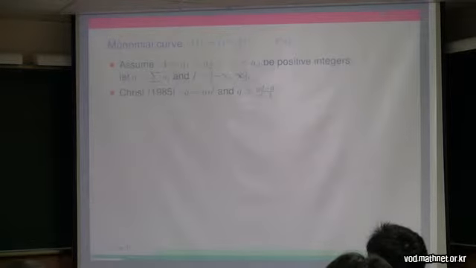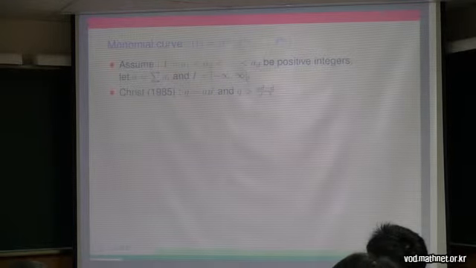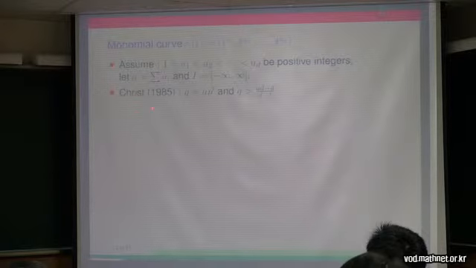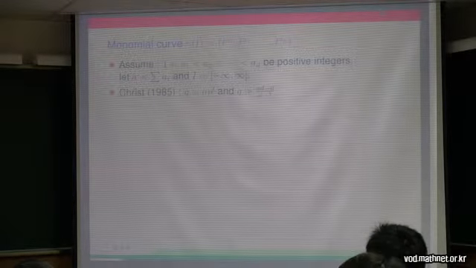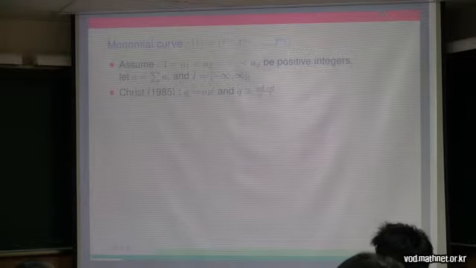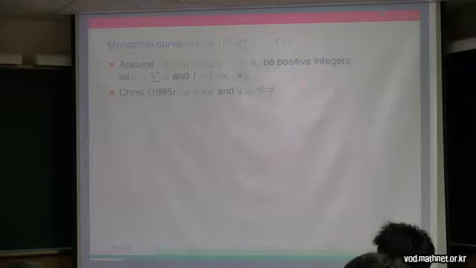And then we consider monomial curves, such as gamma(t) is (t^a1, t^a2, ..., t^ad). In this case, if a1 to ad are just distinct positive integers, then Christ obtained, under this condition on p and q, some restriction estimate, but these depend on the a.